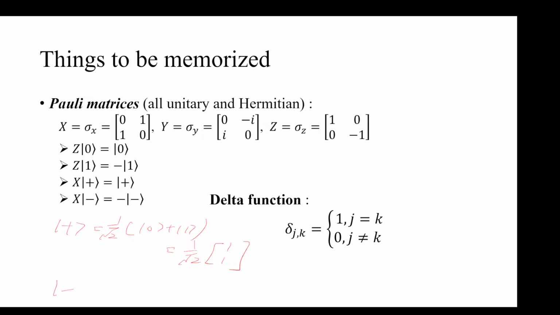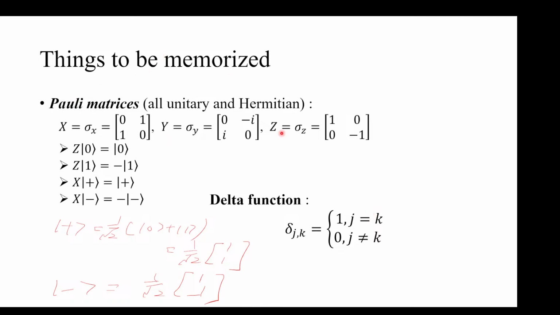The minus state is 1 over square root 2 times (0 minus 1), which is 1 over square root 2 times [1, -1]. Here we also have the Kronecker delta jk notation, which equals 1 if j equals k and 0 if j does not equal k. But let's go back to matrices.